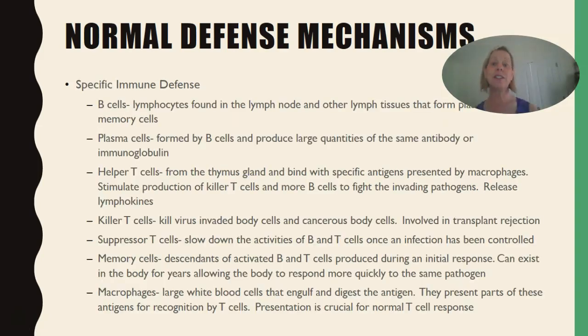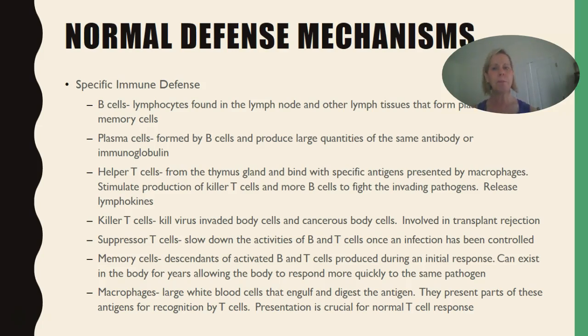Next, we're going to look at specific immune defense. With specific immune defense, this is going to be the part of your immune system that can specifically target a certain pathogen coming into your body. So let's say it's the chickenpox virus, for instance, or a certain flu virus, or maybe a certain bacterium.